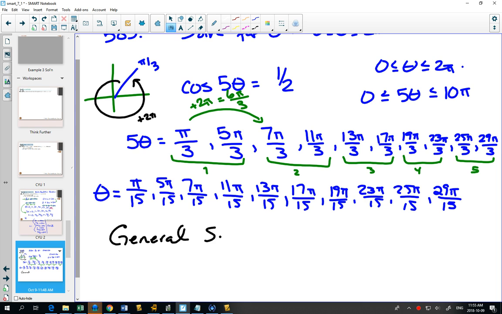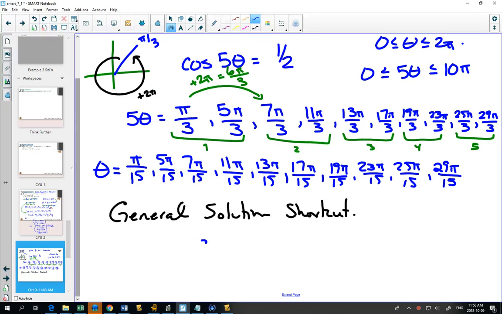I'm going to show you a general solution shortcut. Generally, for the general solution, we find all of our answers between 0 and 2 pi, and then we add 2k pi. There is a general solution shortcut for something where it's cos 5 theta equals 1/2.